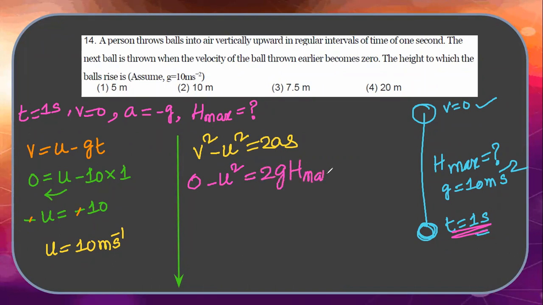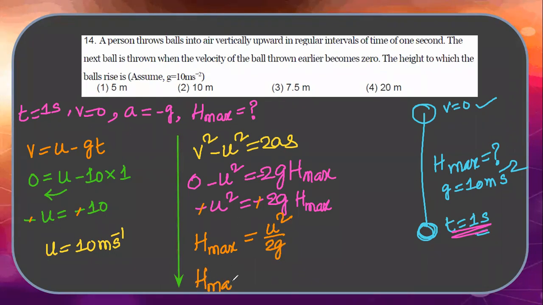As it is moving upwards, a is equal to minus g. Minus u square is equal to minus 2g into h maximum. The minus gets cancelled. h maximum is equal to u square divided by 2g.